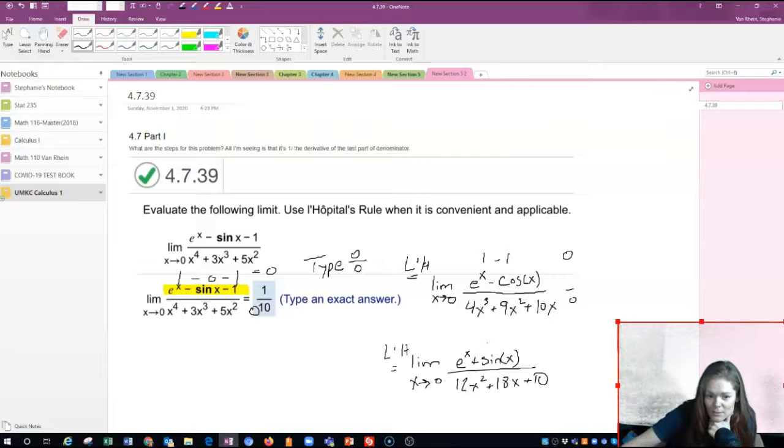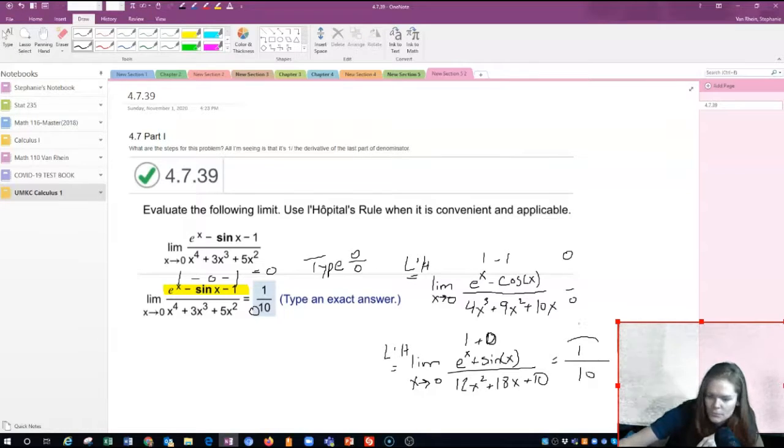Now if I plug in x going to 0, I see that I get e to the 0, which is 1, plus sine of 0, which is 0. Sine of 0 is 0, not 1. Cosine of 0 is 1. So I have 1 plus 0, which is 1. And then in the denominator, I have 0 plus 0 plus 10, which is 10.